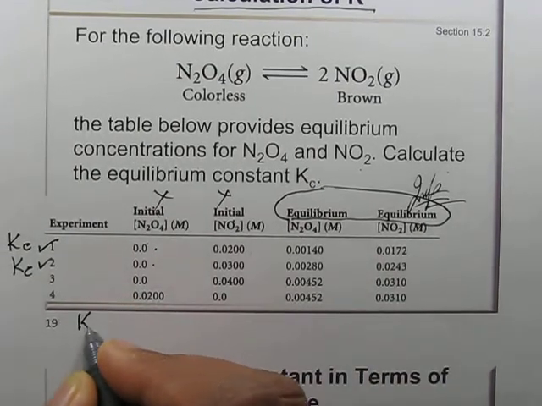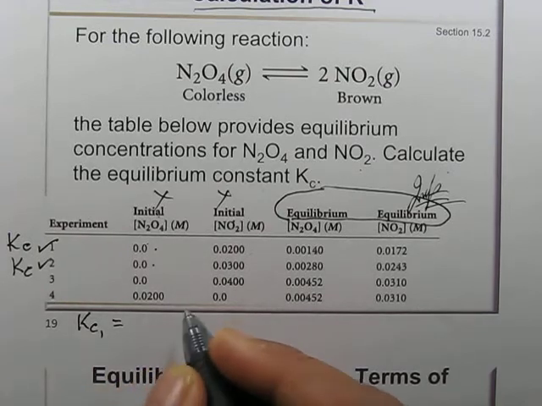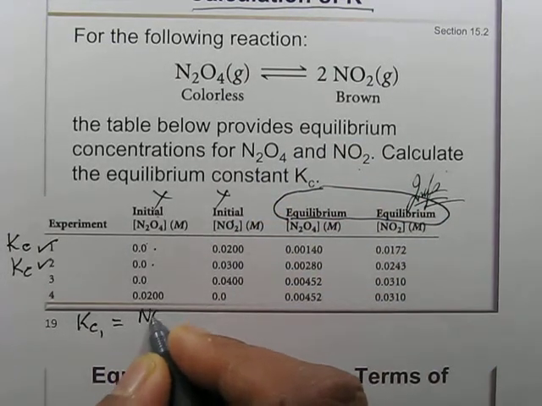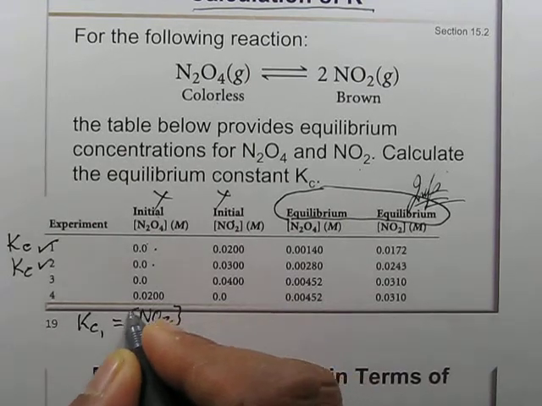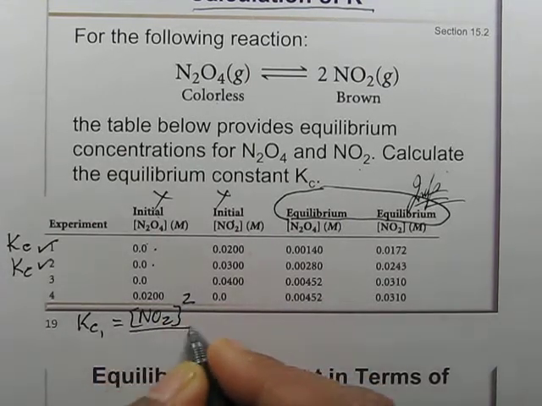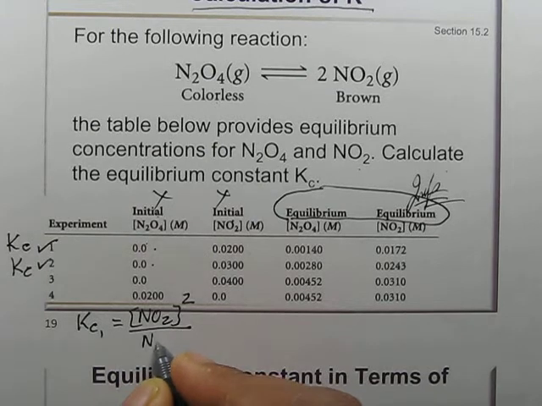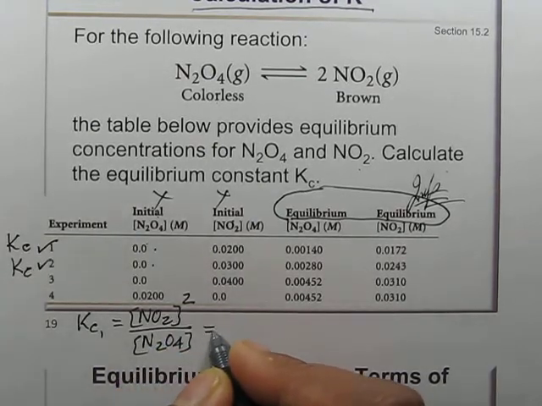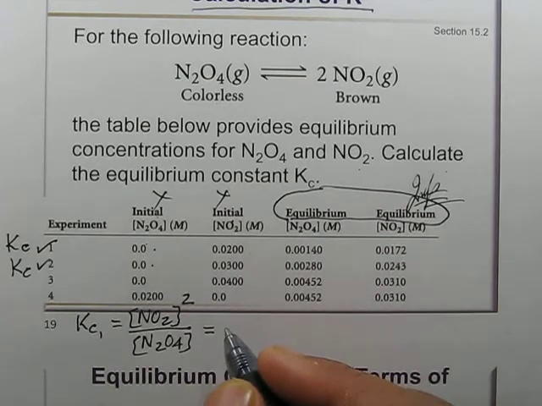So we can write Kc1, and as we know, the product, which is NO2 for the forward reaction, divided by the reactant N2O4, and then here we can add the values.